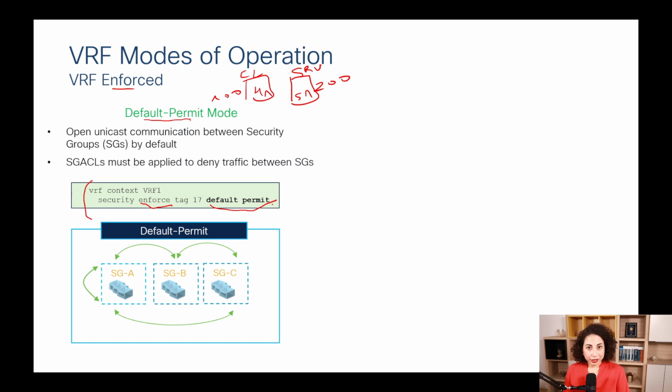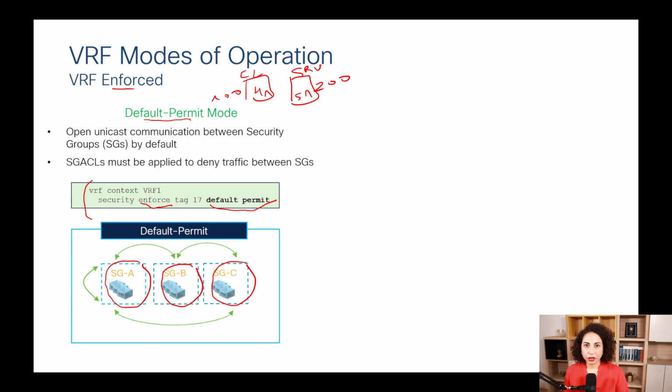So the default permit, again, what it means is that we have our different security groups. They are configured. We are specifying the criteria to match the end hosts and the subnets to populate those security groups. It's just that as long as we didn't define any specific contracts, there is a default permit.